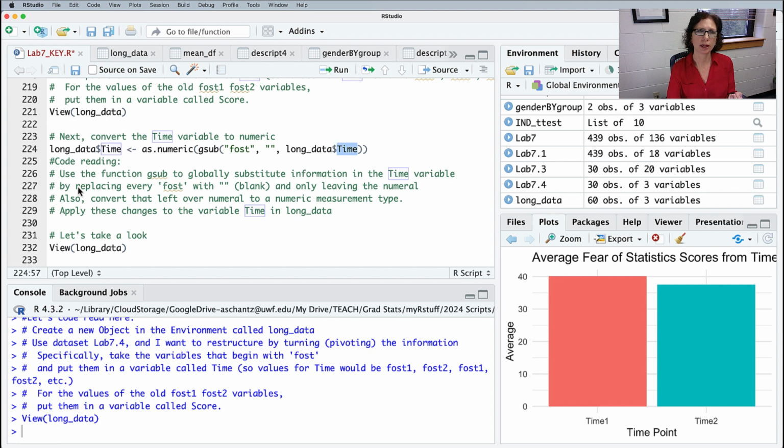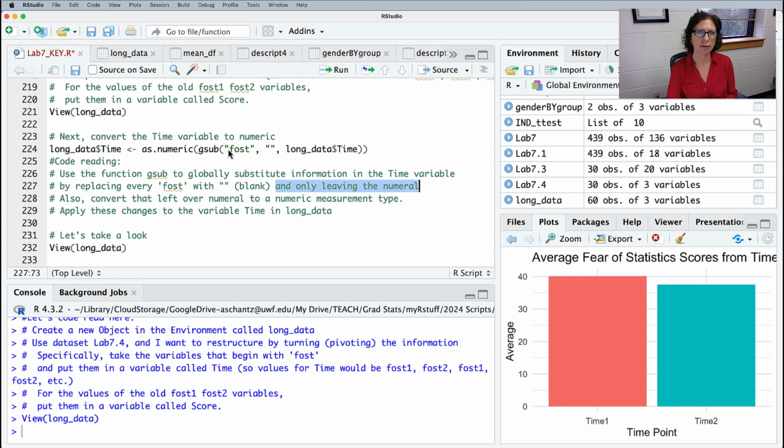We're going to replace every FOST with a blank, just a quotation with nothing between it. It's being replaced with nothing. So it's pretty much erasing the word FOST, which leaves only that numeral. So FOST1 will now be just 1, and FOST2 will now be just 2.